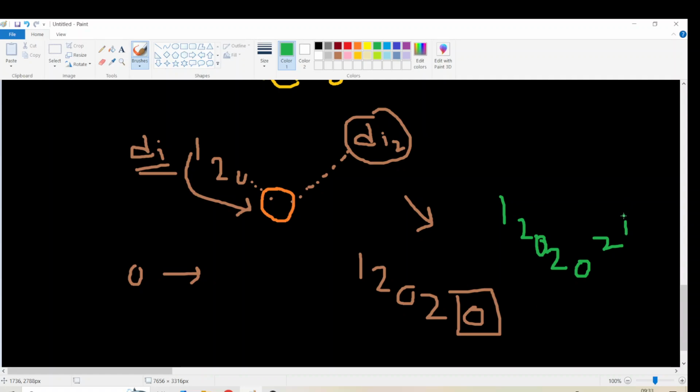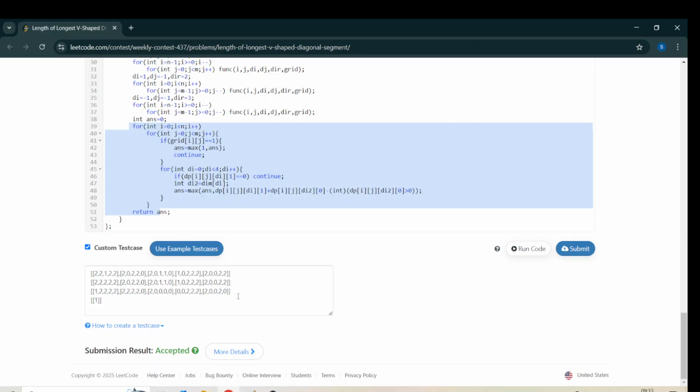In these two special cases, let's say this is the pivot element. If we take the sequence starting from 1 here and the sequence starting from 0 here, then we are counting this 0 value twice, so we have to subtract once. But in the other case we are counting this pivot element only once, so we don't have to subtract. So we check that if dp ij di2 is greater than 0, then we subtract this value.